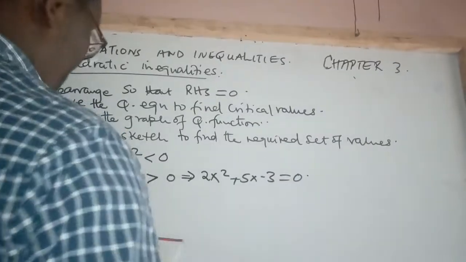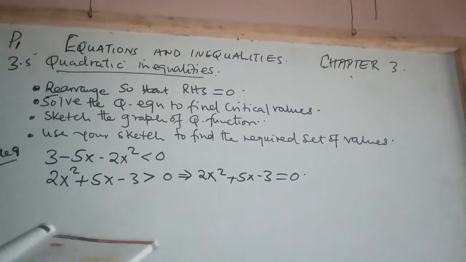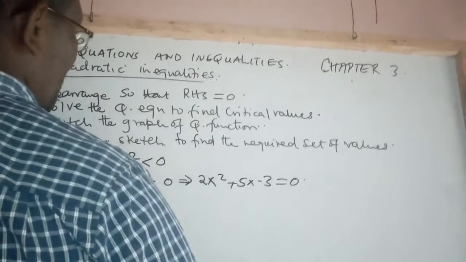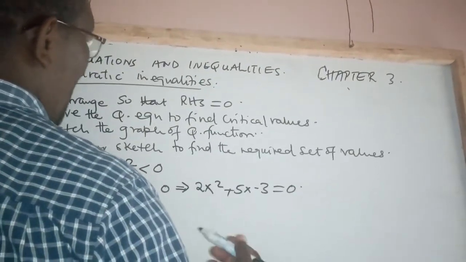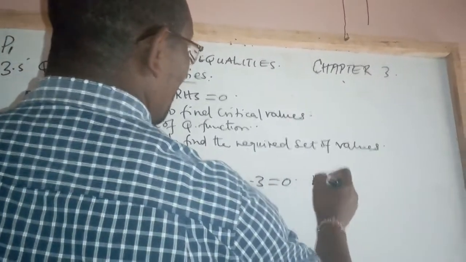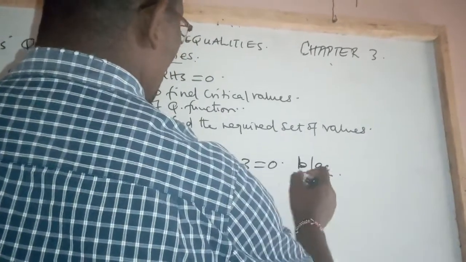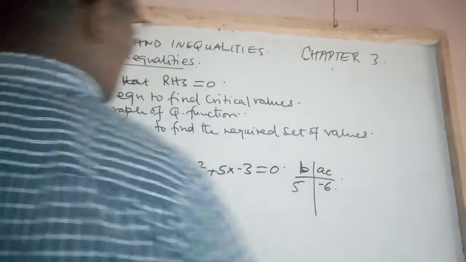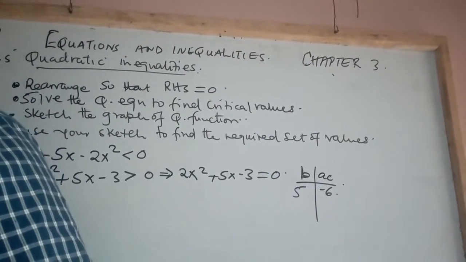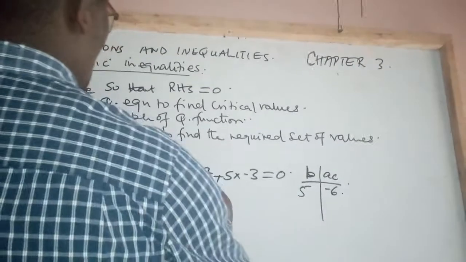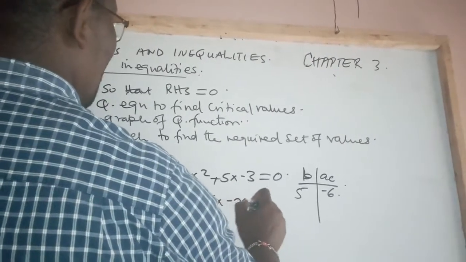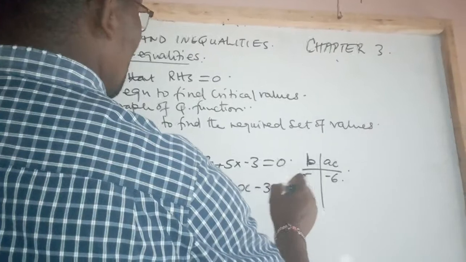Now we can solve it using the factorization method or other ways to get the critical values. If you look at the b and ac method, b we have 5, ac we have minus 6, and the two numbers are simply a positive 6 and a negative 1. So 2x squared plus 6x minus x minus 3 equals 0.